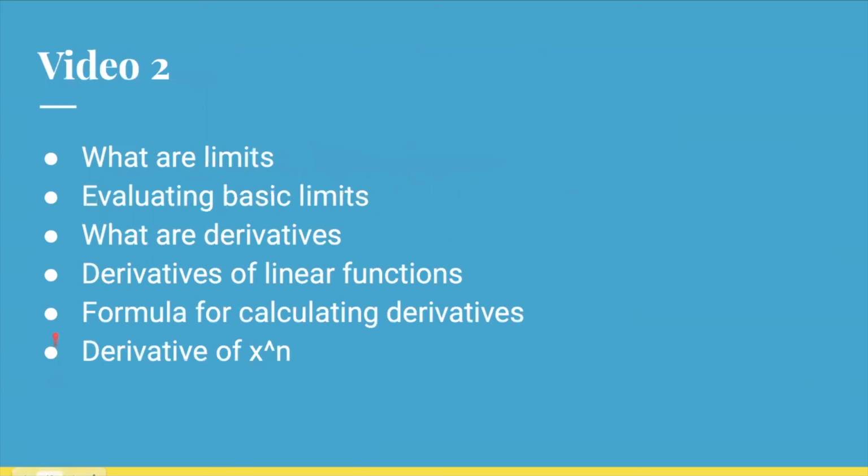So we started learning in video 2. We learned the basics of limits and derivatives. So evaluating basic limits, this was basically evaluating limits from graphs and using algebra. And then we learned what are derivatives, and then the derivative of basic functions and the formula for calculating derivatives. And then in the end, you learn the derivative of x to the power of n.